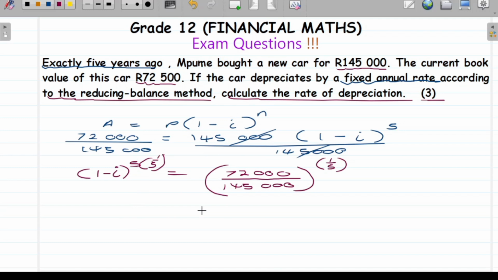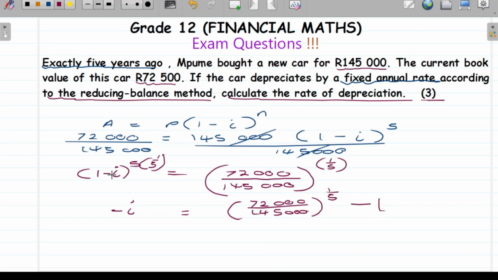Now, grade 12, what we are going to have is minus i is equal to (72,000 divided by 145,000) to the power of 1 over 5, minus 1.